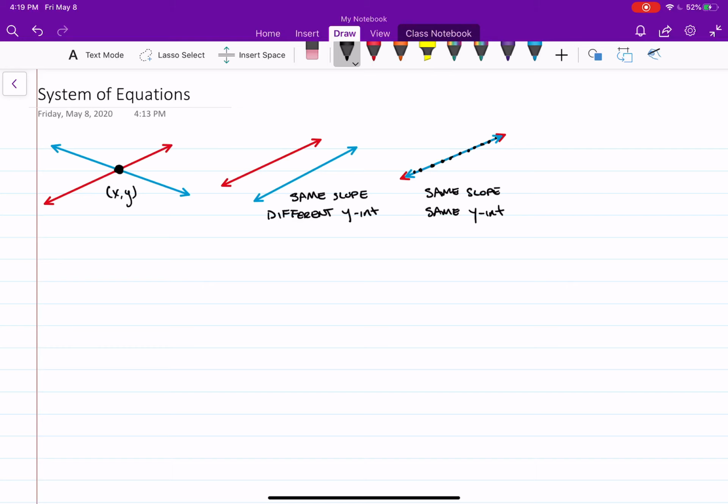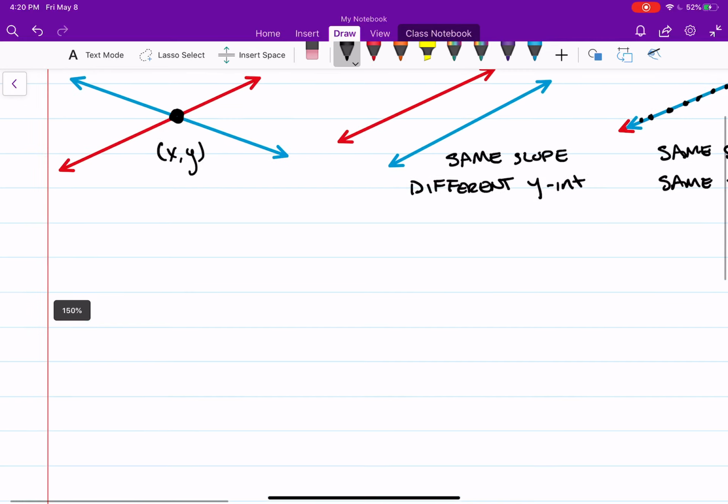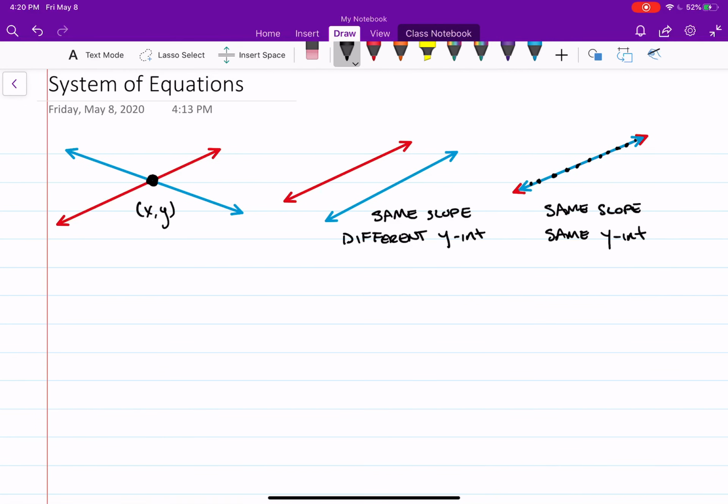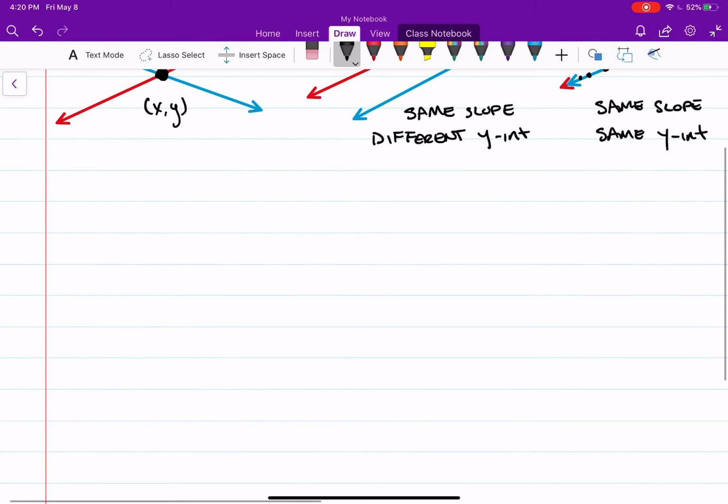All right, so let's go through the different methods of solving systems of equations, okay? There are two methods. One's called substitution, and one's called elimination. So let me put a problem down here for you. Again, you've got the squiggly bracket.